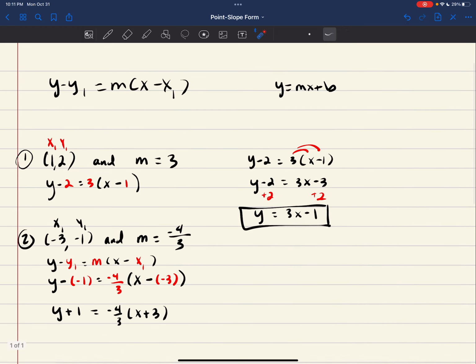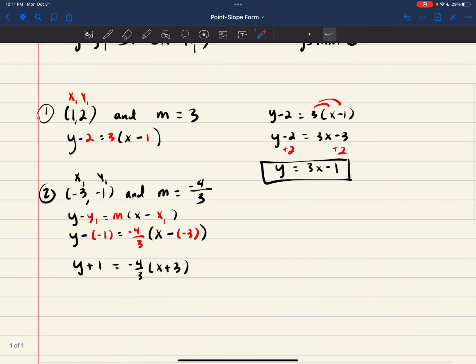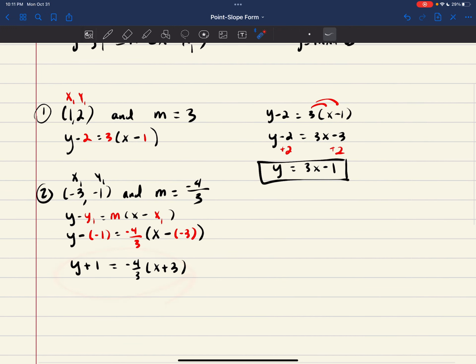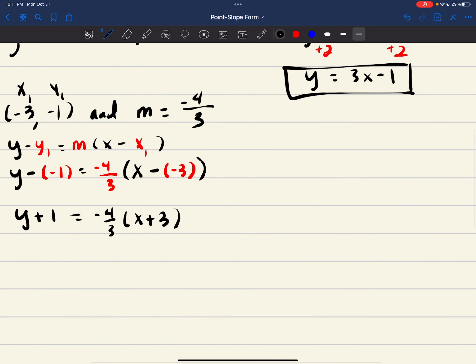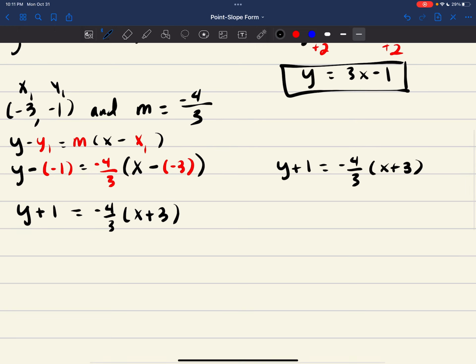Alrighty. Let's take a look at number 2. This is my point slope form. I want to convert that into slope-intercept form. So I have y plus 1 equals negative 4/3 times x plus 3. Since I have a number in front of the parentheses, I got to use the distributive property. So I have y plus 1 equals negative 4/3 x.